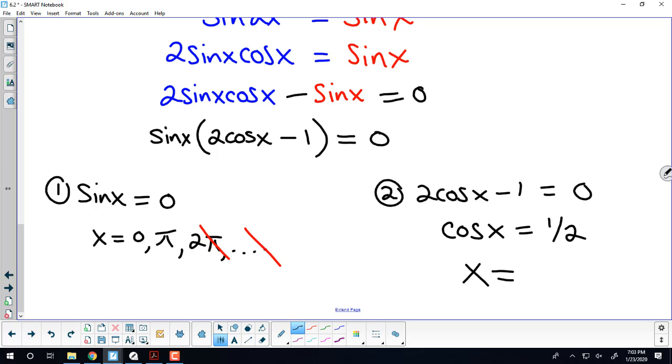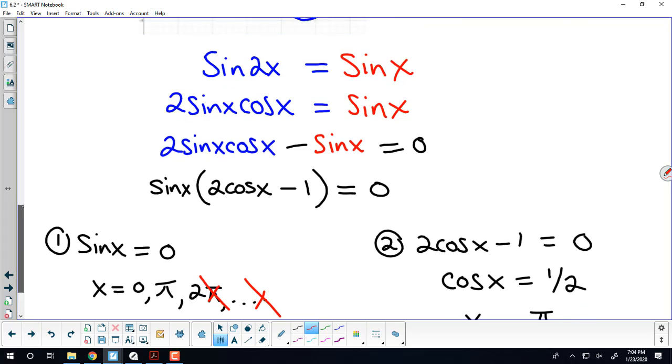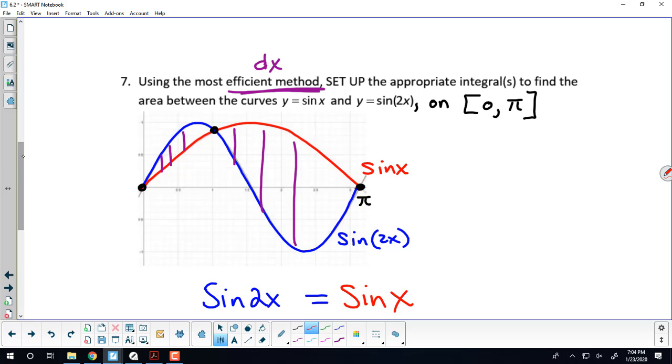So cosine is 1/2 when x is what? Pi over 3. And the next one is outside of the interval from 0 to pi, it's 5 pi over 3. So again, we're not concerned with these out here. So those are our points of intersection at 0, at pi, and at pi over 3. So now we know that point in the middle happens at pi over 3.